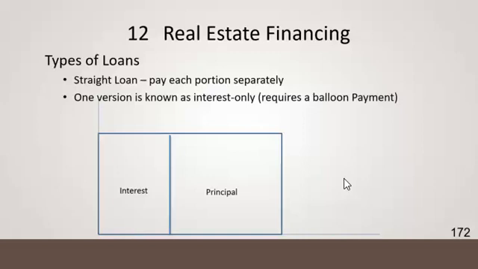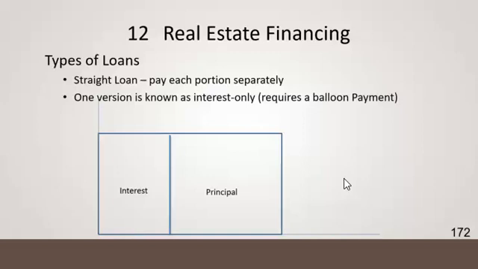There is a version of a straight loan that's more popular that we call interest only, where you only pay the interest on the loan and you never pay any of the principal. Basically, you're renting the money. The balance at the end of the interest time frame is still what you started with.